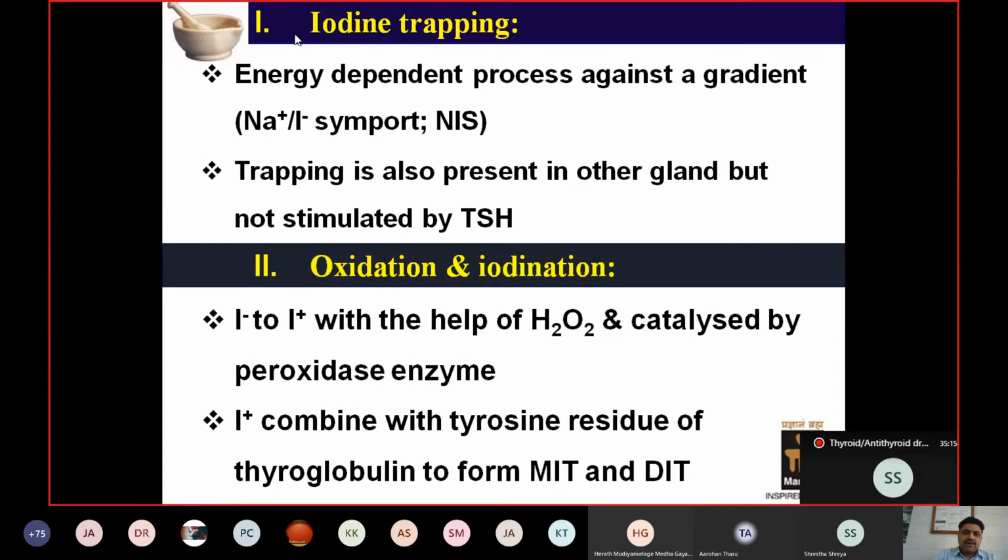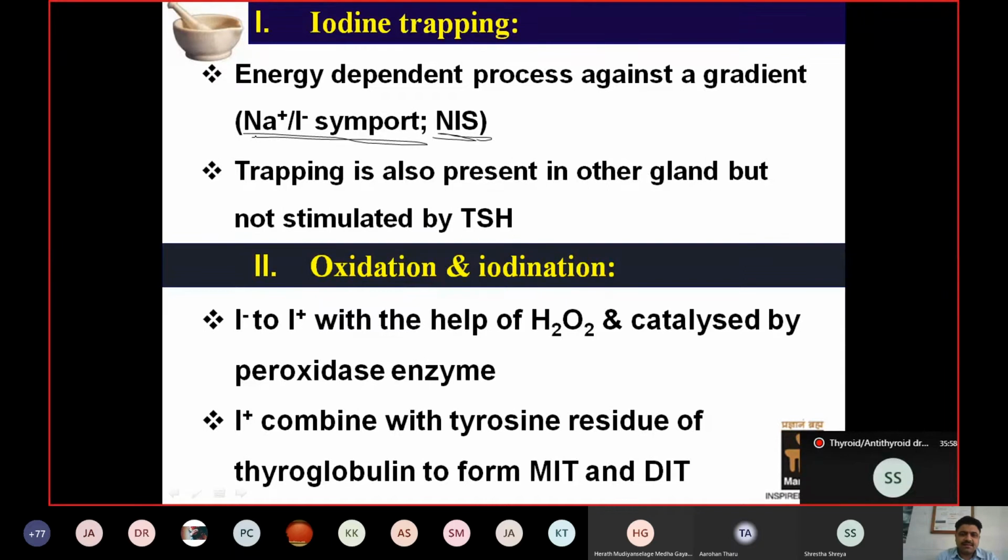So iodine trapping is the first step. That carrier protein I showed in the diagram is NIS, the sodium iodide symporter. It carries sodium and iodine in the same direction, which is why we say symport.